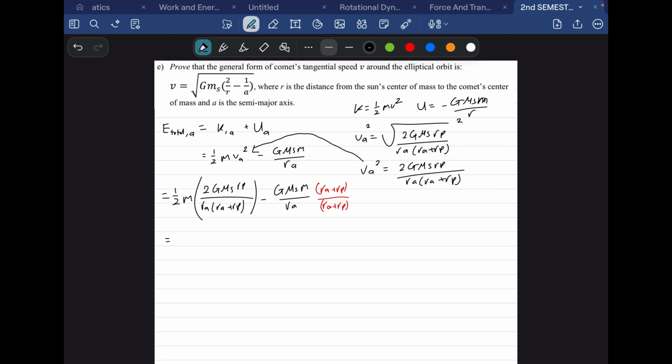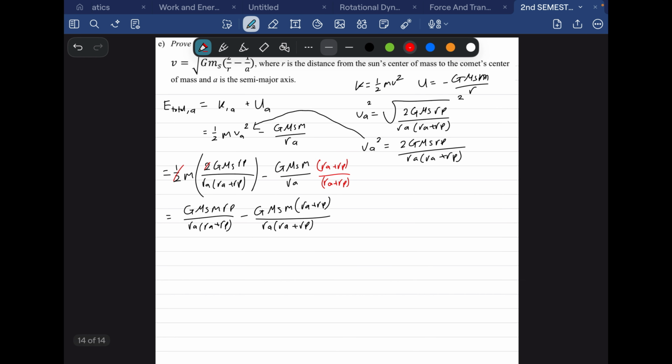So I get this new equation, and then the 2 cancel out with each other. So I get this new equation. G, mass of the sun, mass of the object, RP over RA plus RP minus G MS M, RA plus RP all over RA and then R apogee plus R perigee, right? Then I'll combine them.